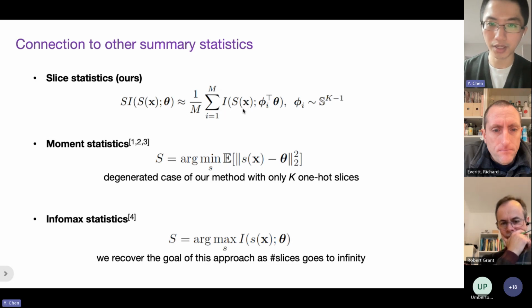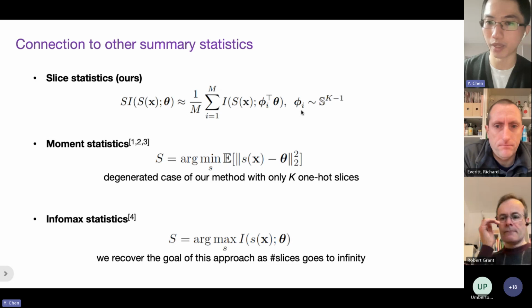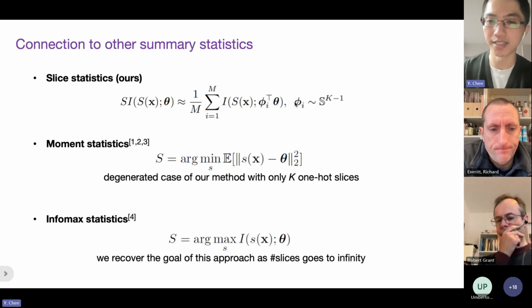Remember that this slicing direction is from the surface of a unit sphere. So imagine that now we don't randomly sample from the surface of this unit sphere, but just use one-hot vectors for this direction, and we use exactly k vectors. So k is the dimensionality of this model parameter. Let's assume that we now just have k one-hot vectors.